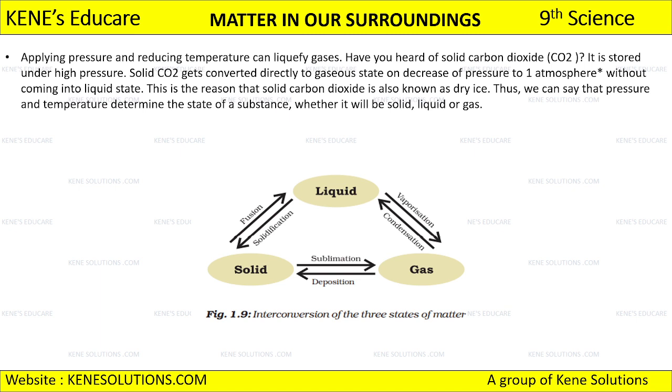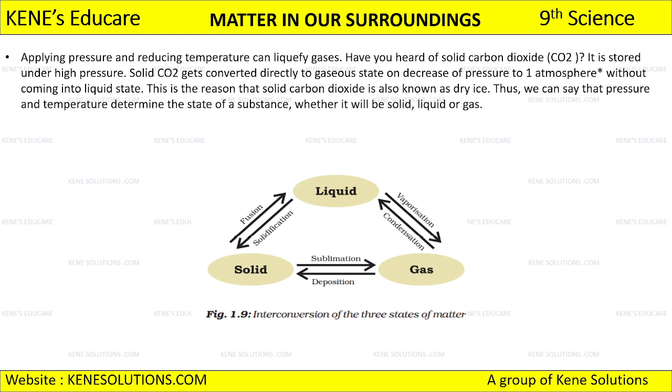Have you ever heard of solid carbon dioxide? You might have, right? Solid carbon dioxide is stored under high pressure, and it gets converted easily to gaseous state. We just studied that when we convert solid directly to gas without converting it into liquid state, the pressure decreases to 1 atmosphere without coming into liquid state.